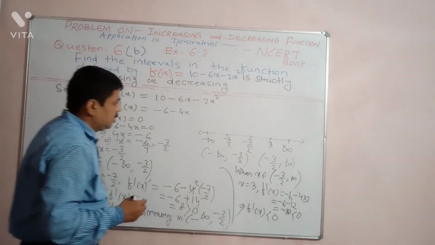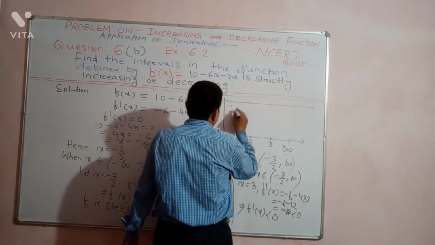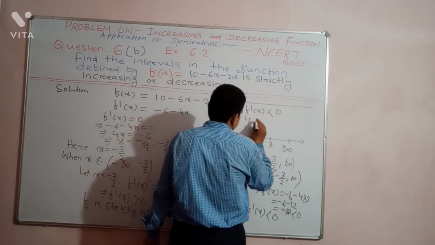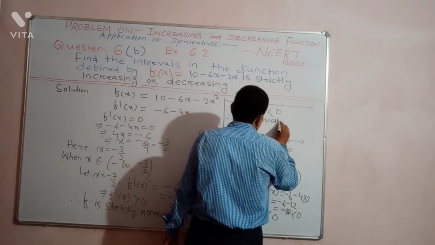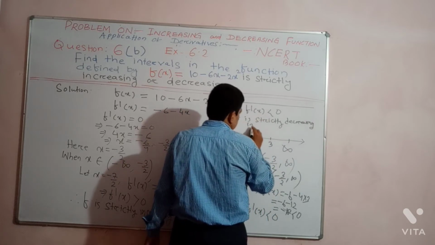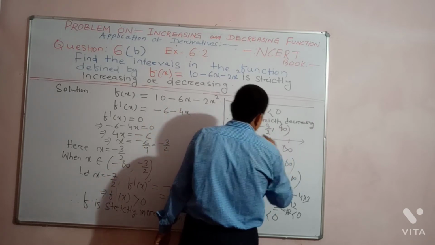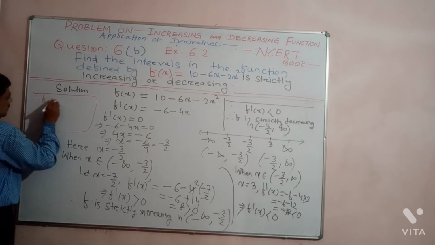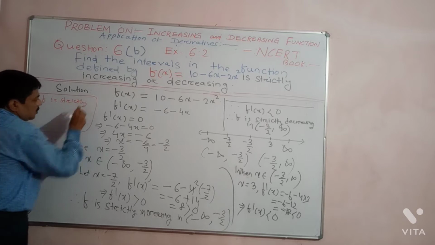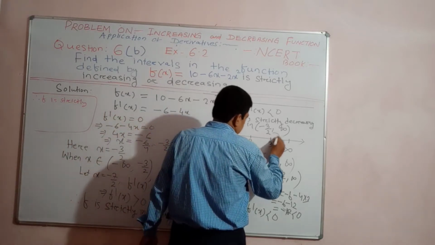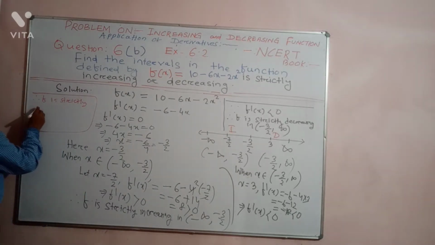Since in this interval f'(x) is less than 0, the function is strictly decreasing in the interval (-3/2, ∞). Thus f is strictly increasing in the first interval and strictly decreasing in the second interval.